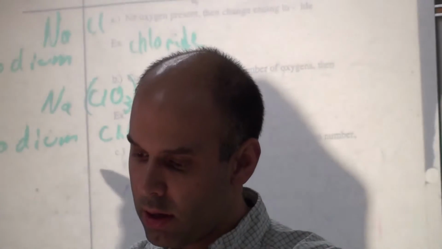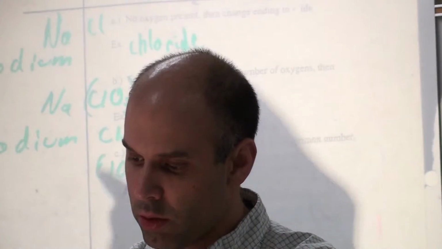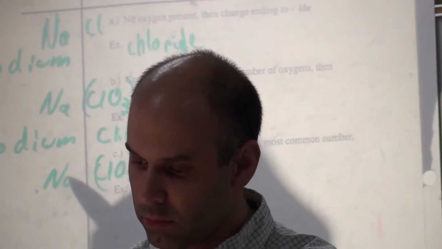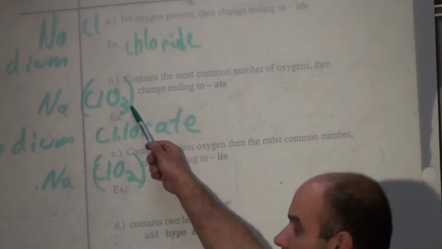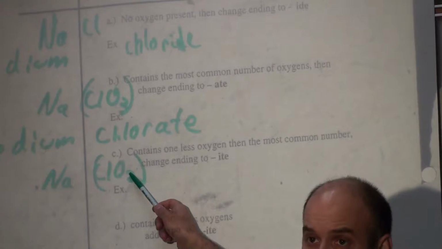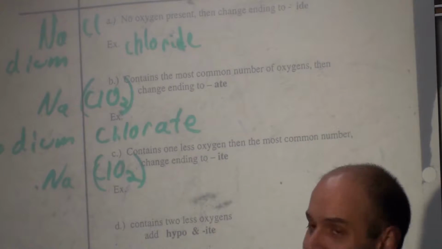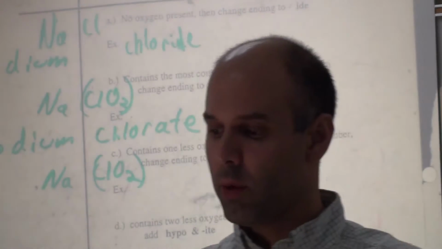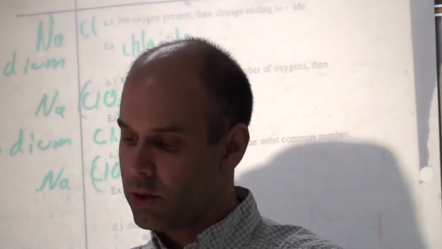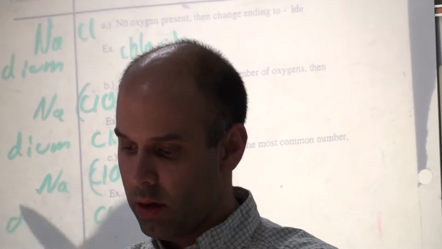Now what about if you had ClO2? Chlorine wants to have 3 oxygens, but it doesn't. It gets 2. It has 1 less than what it wants. If it has 1 less than what it wants, I would change the ending to -ite. So it becomes chlorite, and still sodium.